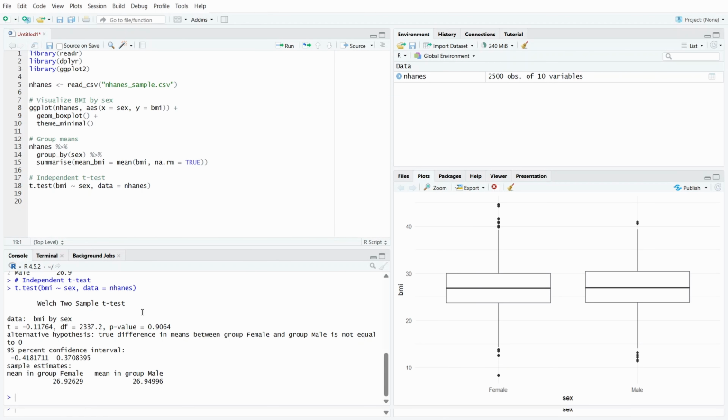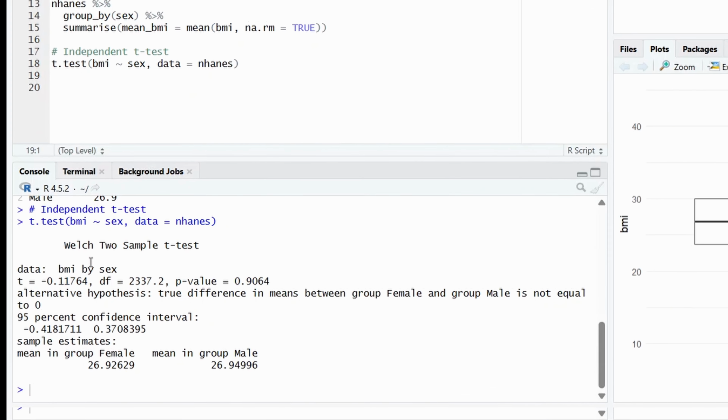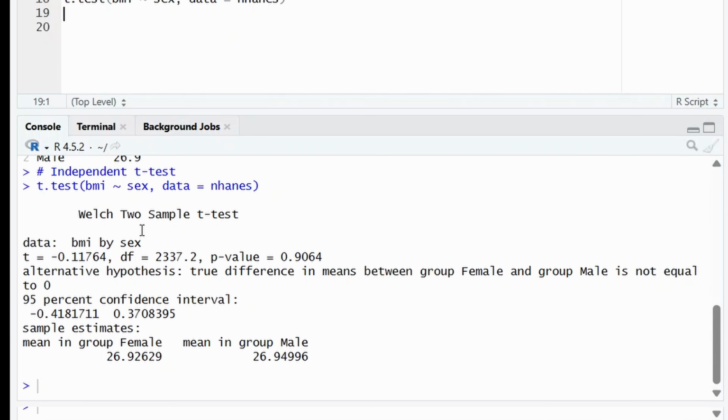So let's do a little bit of unpacking of the information we have here. First, this is a Welch t-test, which is a version of the independent t-test that does not assume equal variances between groups. In real-world public health data, variances are often unequal, so Welch's test is generally a safer default.